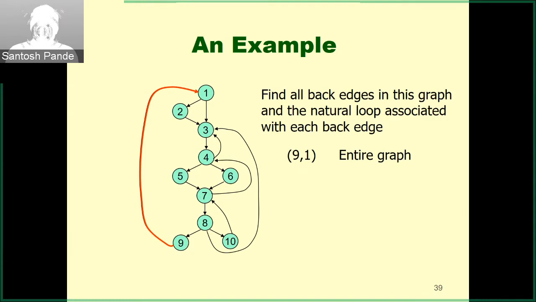But we'll go to 2, of course. We'll add 2 there. And another node which is the predecessor of 3 would be 8. Now 8 is already processed, as you can see here. That's another loop there. And so 8 will not get added again and will not get explored again.